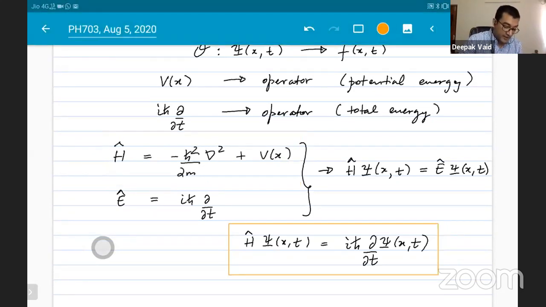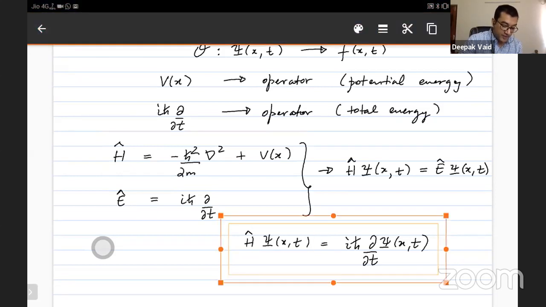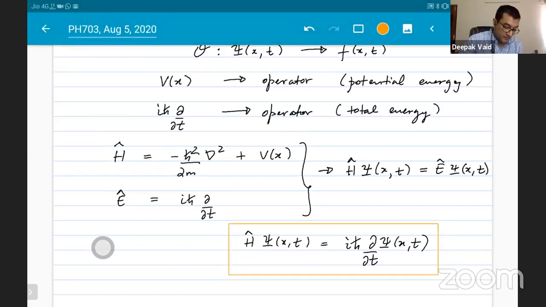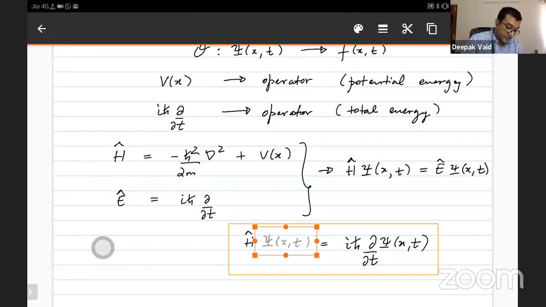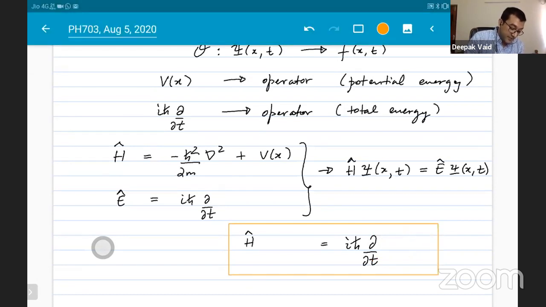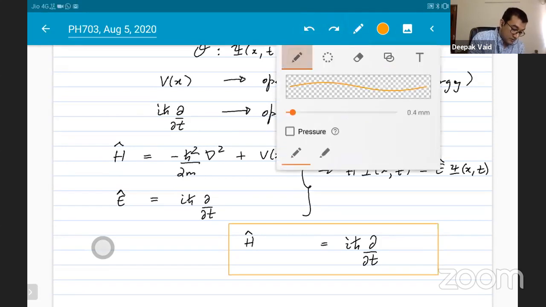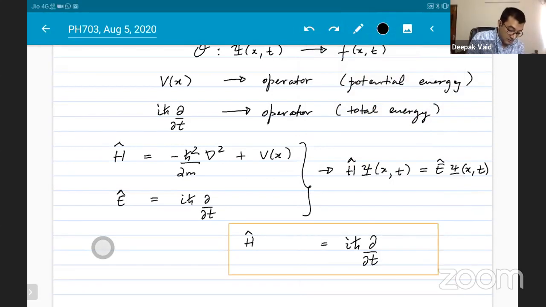Why? Because in that case, your state is no longer written as a function of x and t. It will be a discrete function. So instead of writing it in this form as psi of x and t, it is better that I write it in this slightly more accurate way.